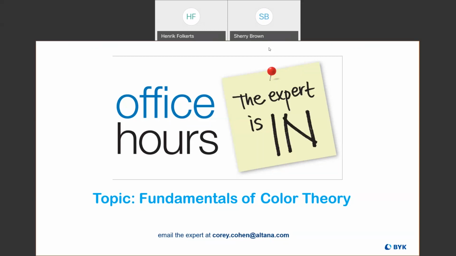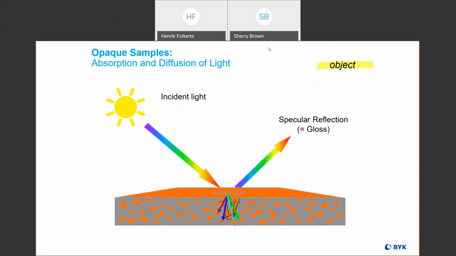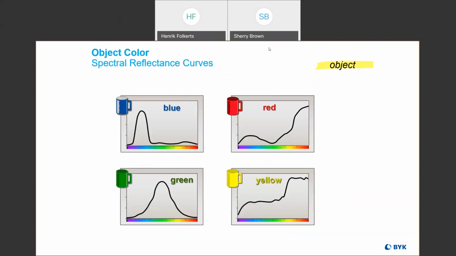Okay, another question here from Todd. In your mug slide showing the reflectance curves, can you explain more about why the yellow mug is yellow based on the reflectance spectra showing reflection in blue, green, and orange, red? I mean, it's hard to get into too much just based off of a spectral reflectance curve.